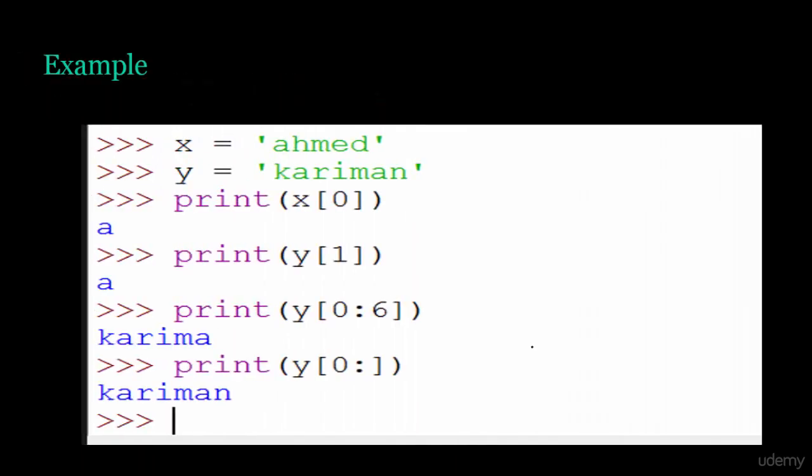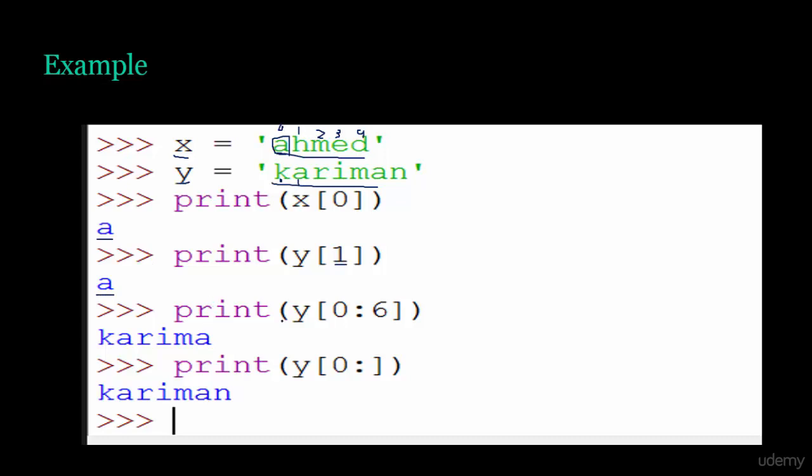Let's see an example. Here I said x equal to Ahmad and y equal to Kariman. If I said print x of 0, this will get us A, this letter here, with index 0. This is index 1, index 2, index 3, and this is index 4. Okay, and if I type print y of 1, this is index 0, and this is index 1, this will get us a.